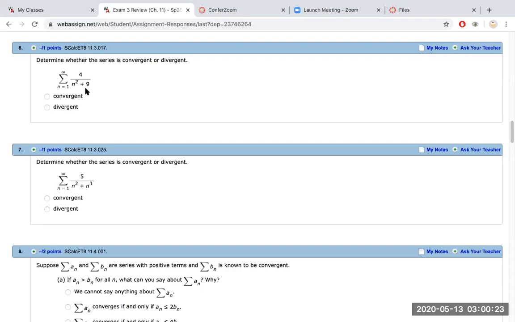So integral test is usually the second test you move on to. You have it on your formula sheet. You can use the sheet to help you out here, but essentially you're going to start with an a sub n.